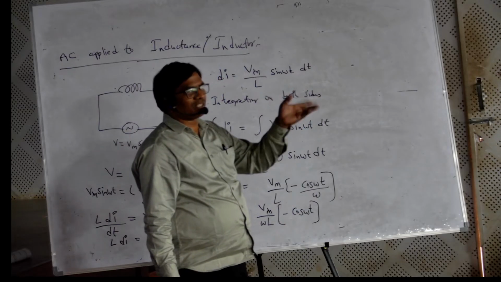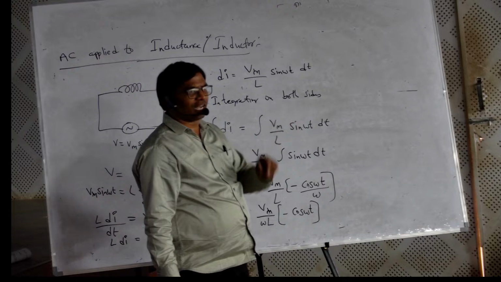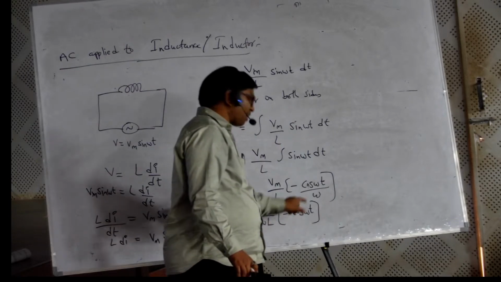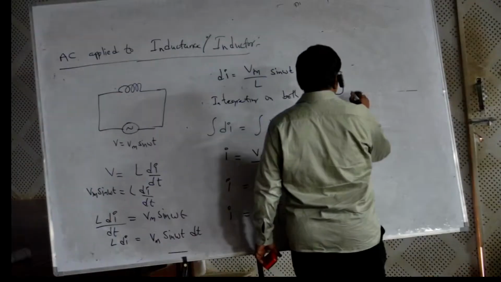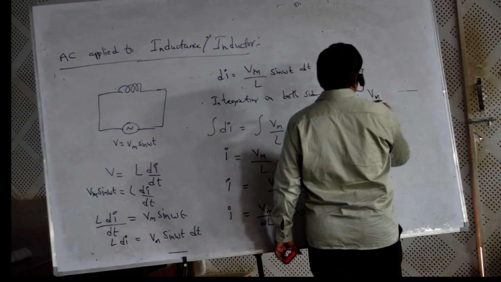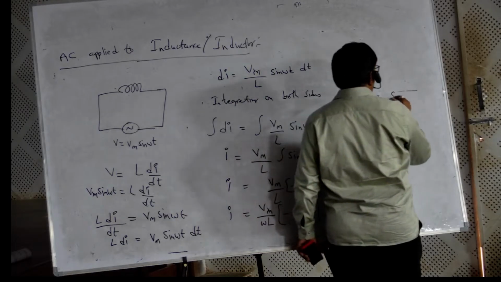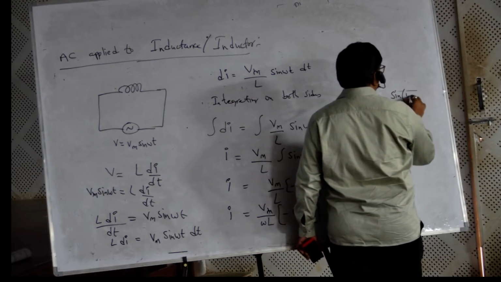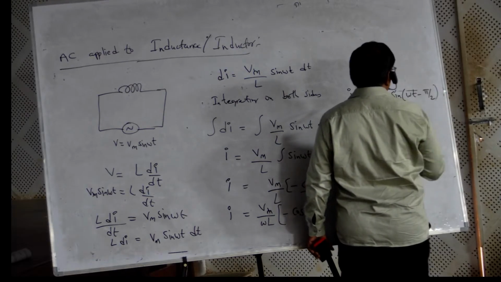Sine 90 plus theta, 90 minus theta, or theta minus 90, like that we'll write now. So here I is equal to Vm by omega L sine of omega t minus pi by 2.